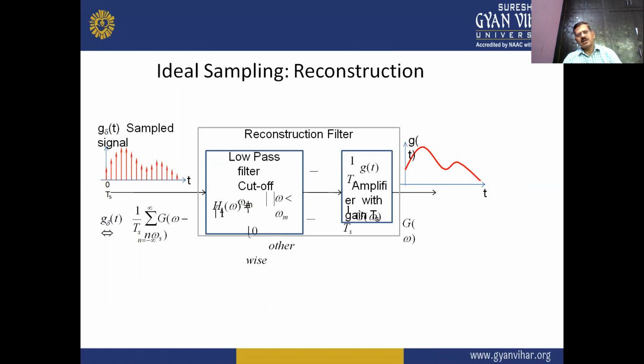The output of this amplifier is the reconstructed signal, or original analog signal, that is g(t). So we can reconstruct the ideal sampled signal with the help of this diagram.